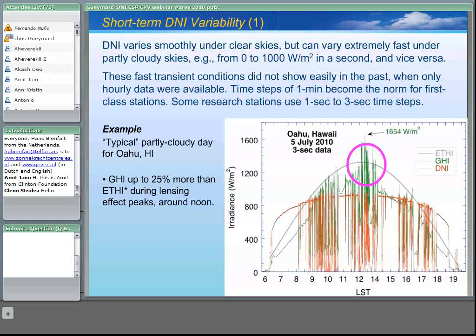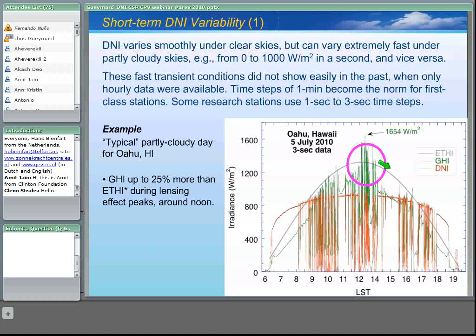We have here an example of a typically partly cloudy day in Oahu in Hawaii, where we see a lot of clouds coming. I assume they are cumulus clouds, fair weather clouds, and the effect of this, particularly around noon, is that your global irradiance in green goes very high, actually to 1654 watts per square meter, which is about 25% more than the extraterrestrial irradiance at that moment.